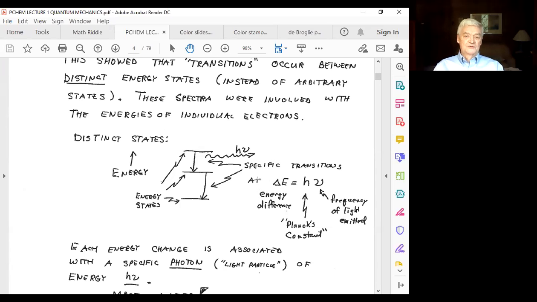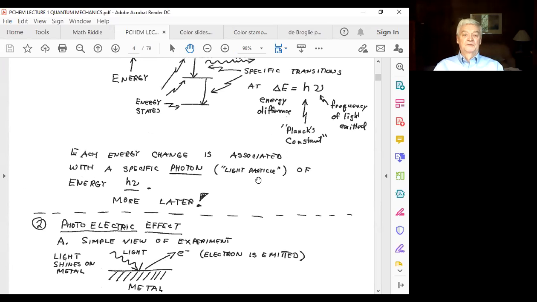So this was a puzzle for many people. So as I just said, each energy change is associated with a specific photon or a light particle. It has energy h nu. And one of the first things we're going to be talking about in this course is atomic structure. And so we'll see why we get these kinds of emissions from atoms.